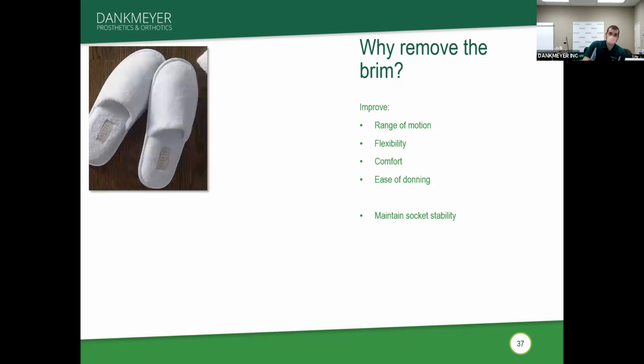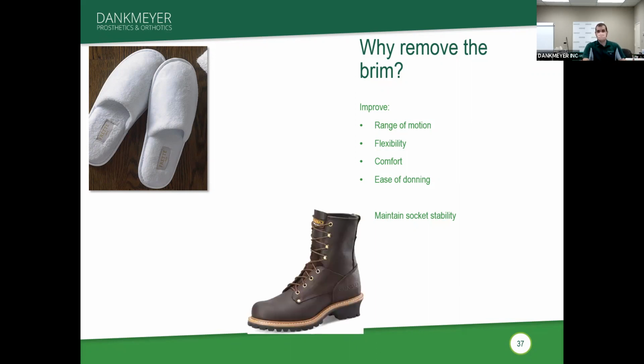But with all this, you still have to maintain socket stability. We don't want to provide someone with a pair of bedroom slippers just because they want to be comfortable. They're comfortable, but they don't provide any support. They don't do anything for you. So you don't want to go too far in the direction of making everything comfortable. We want our patients to have a stable residual limb, but at the same time, going to that maximum stability with ischial containment sockets can sometimes be too much for patients.